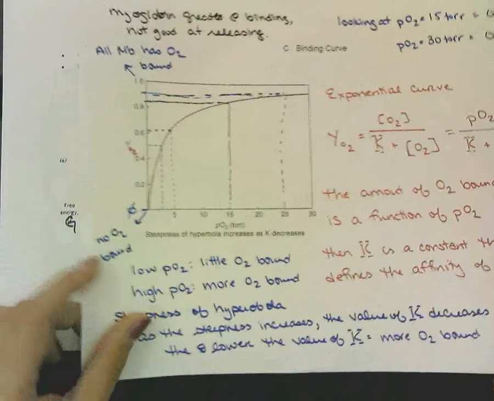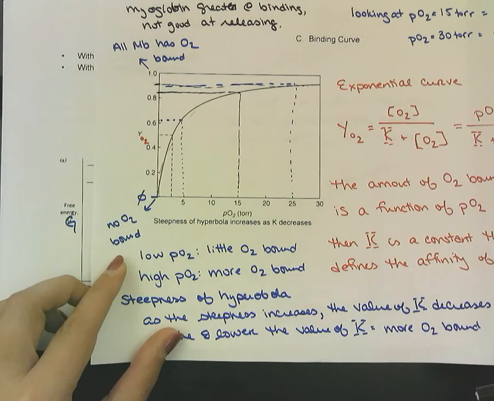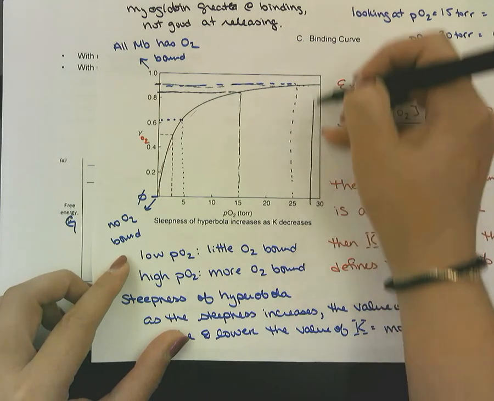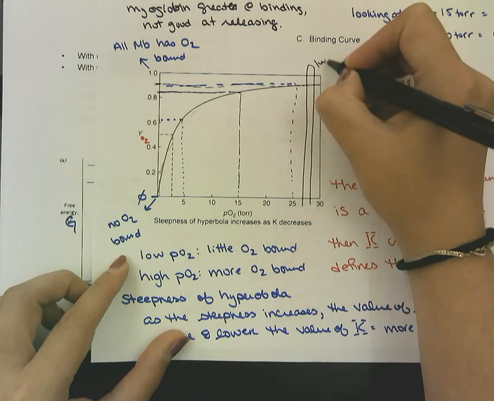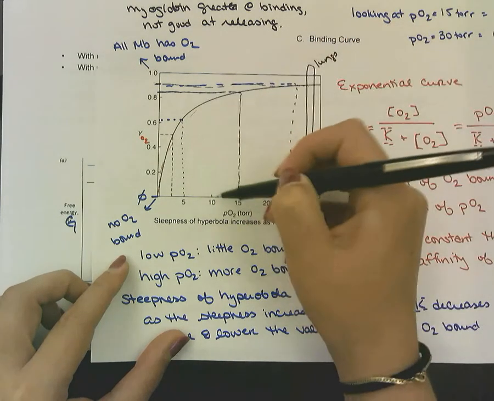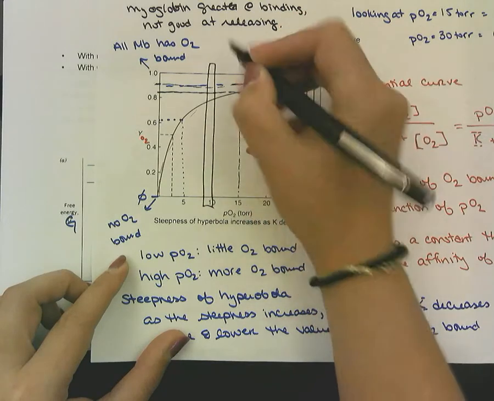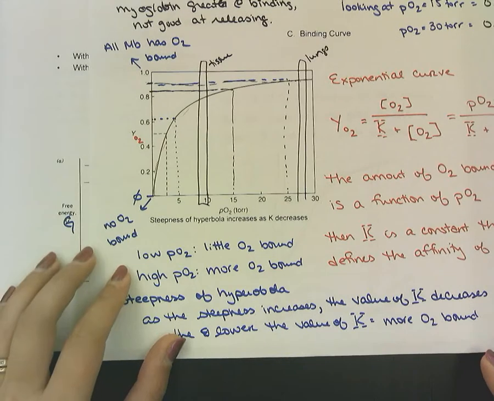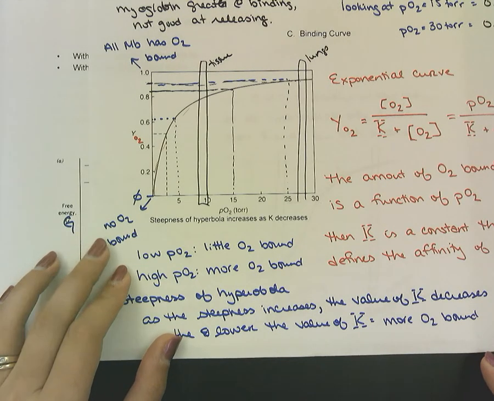Flipping back way farther, this is myoglobin. Myoglobin had just this regular kind of curve. If we look at the same zone, lungs and tissue, why is myoglobin not good as your main oxygen transporter? It's still really high.